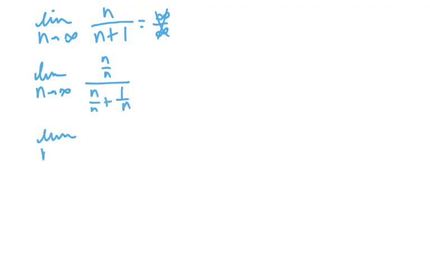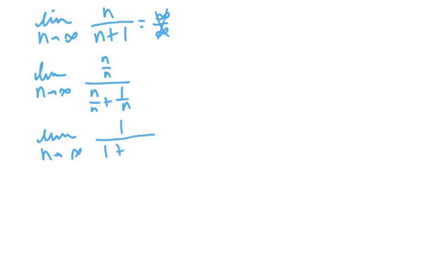But if you plug it in, you get infinity over infinity, which is an indeterminate form. So what you want to do is think about your other techniques. Factor and cancel doesn't work. But you can divide by the highest power of n in the denominator. So that is n. So n over n and n over n plus 1 over n. You divide every term by the highest power of your polynomial in your denominator.